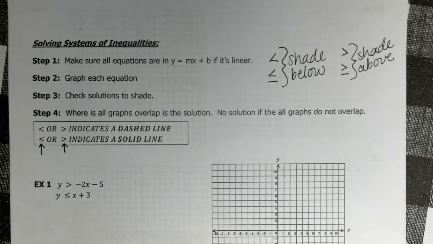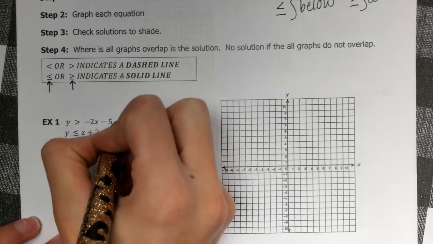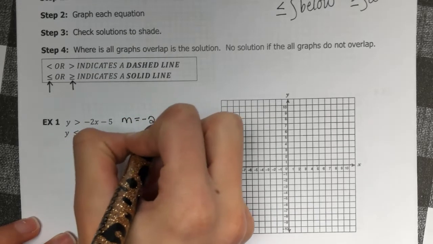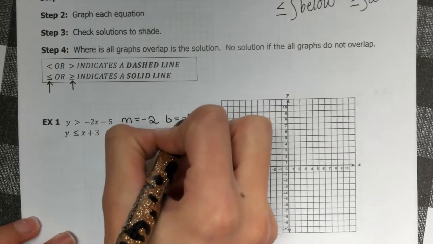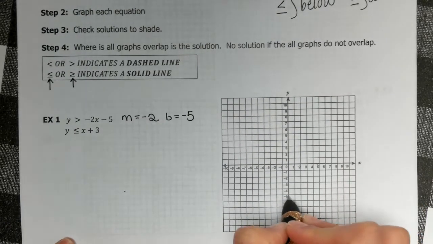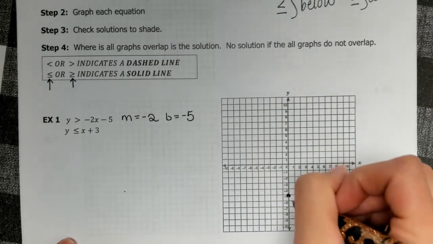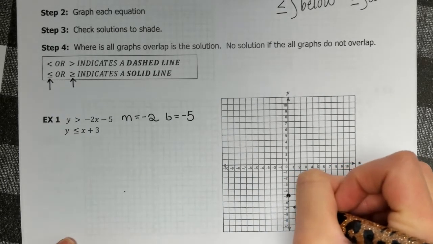Okay? So for the first example, we've got y is greater than negative 2x minus 5. That's in the form I need it. My slope is negative 2, and my y-intercept is negative 5. So I'm going to plot my negative 5 on the y-axis, and I'm going to go down to the right one.